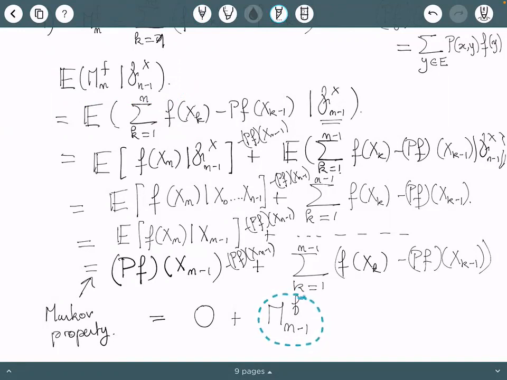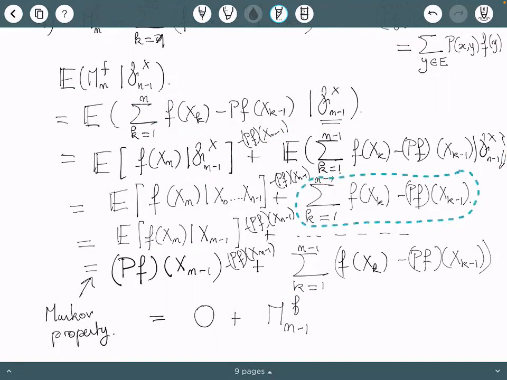Is it clear? Just, you see, here I had the sum from k equal 1 to n. I isolate the term corresponding to k equal to n, which is this guy, and the other terms which are from k equal 1 to n minus 1. The terms from k equal 1 to n minus 1 are measurable with respect to the sigma field, so the conditional expectation, in fact, doesn't matter.